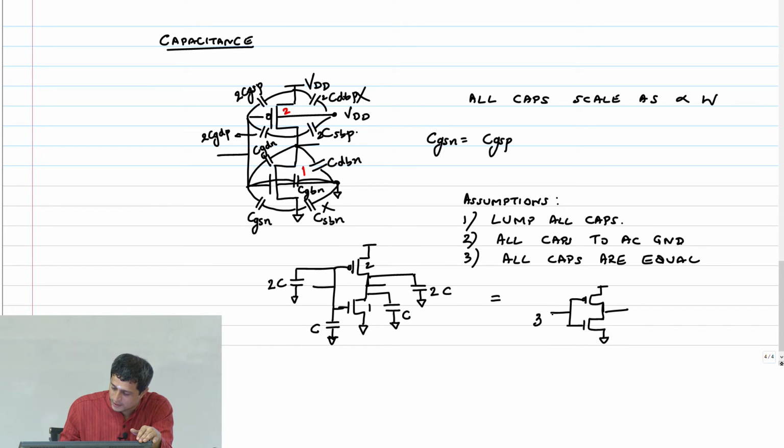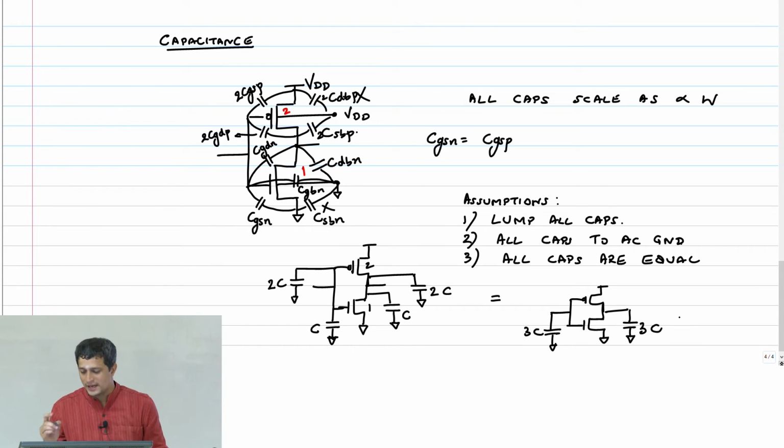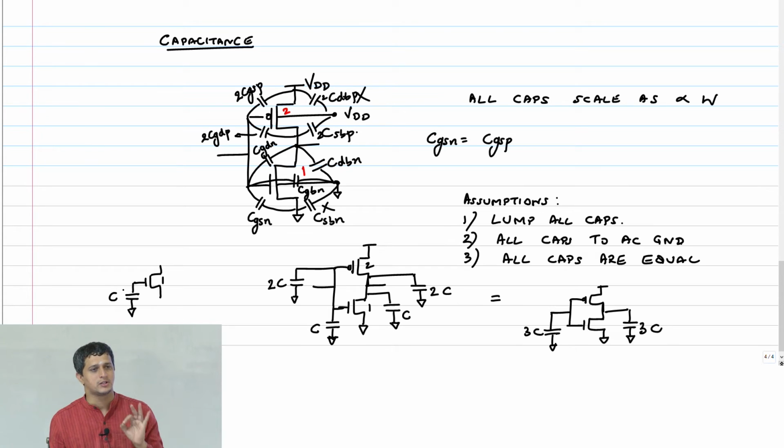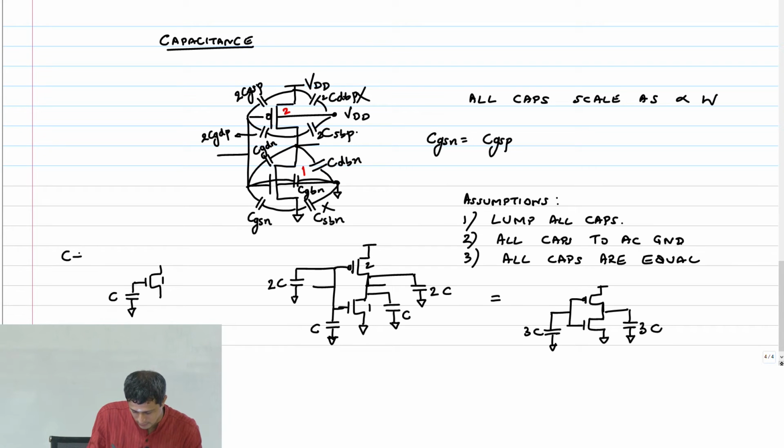This is 3, now wait, I got to put a capacitance, 3C, and this is also 3C, where C is basically the gate capacitance of a unit transistor, NMOS transistor. This is C, net gate capacitance of a unit NMOS transistor. That's what this C is.